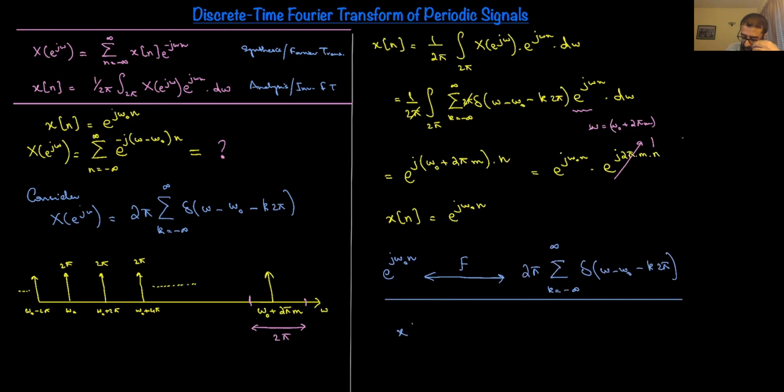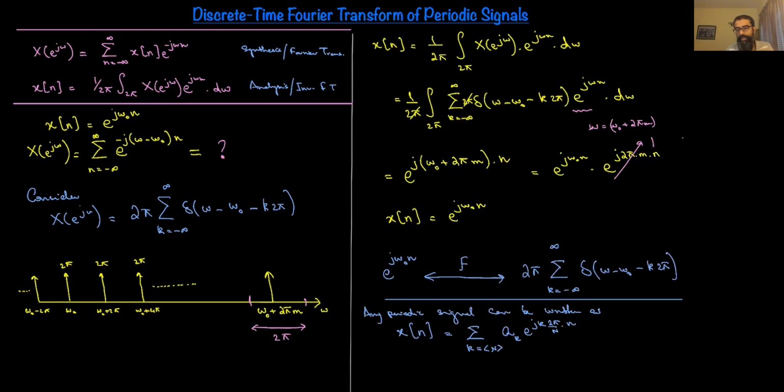So any periodic signal x of n can be written as a summation over k over any interval of length capital N, which is a period, of a sub k e raised to power j k 2 pi by capital N times n.